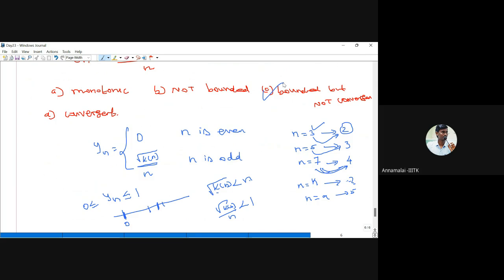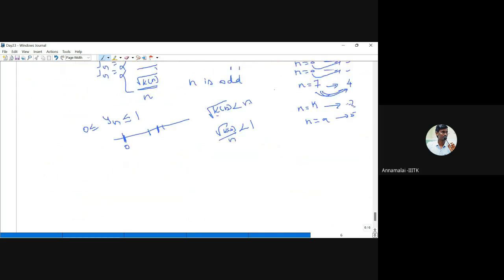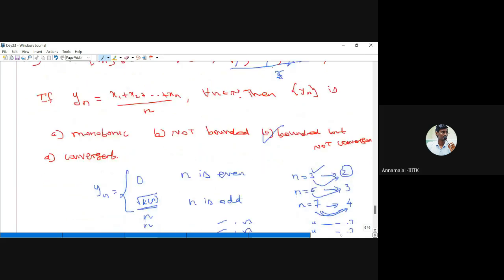Now, we move to the next problem. Now, look at the power series, the 14th problem.